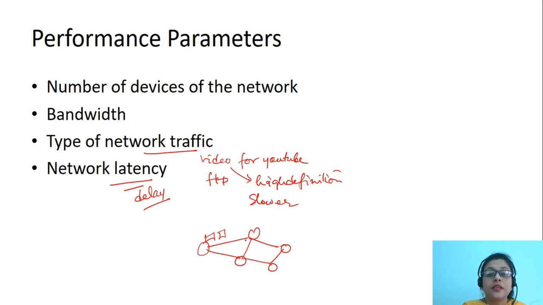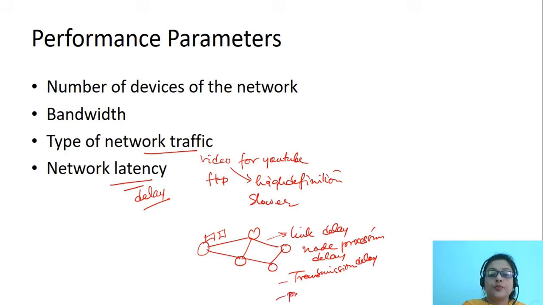And there are various delays like the link delay and the node processing delay. And also we can have the transmission delay. And the last one is propagation delay, where propagation delay basically means the delay of transmission of electromagnetic signals.